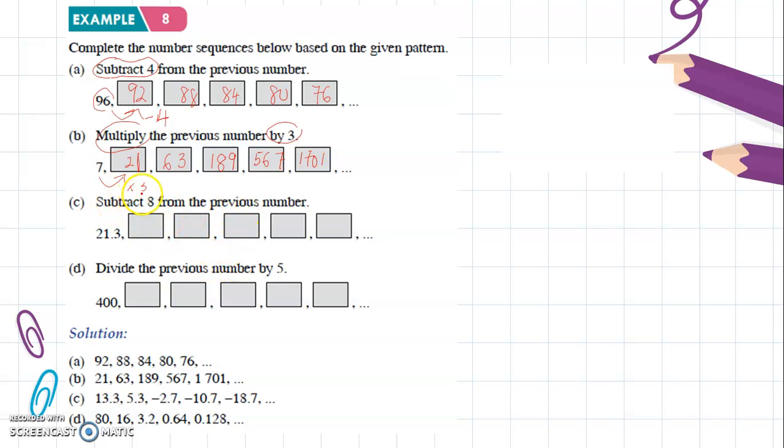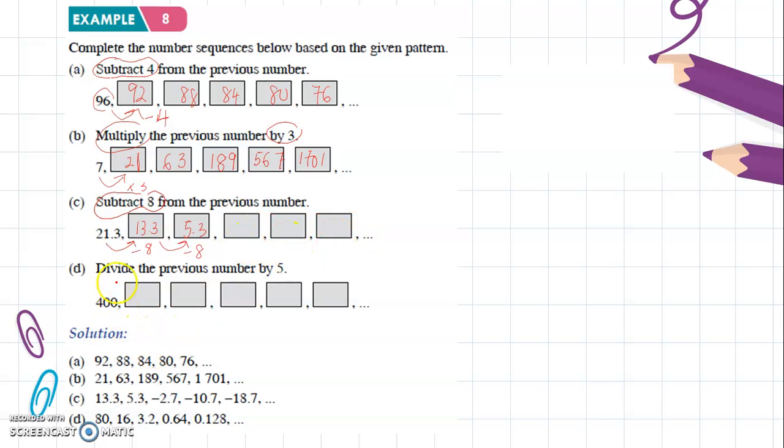And then for C, subtract 8. So 21.3 minus 8, you get 13.3, and then 13.3 minus 8, 5.3. You just complete the whole sequence.